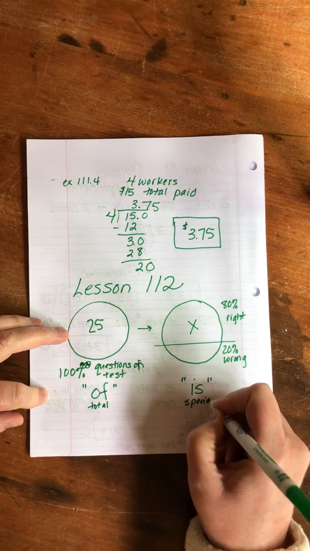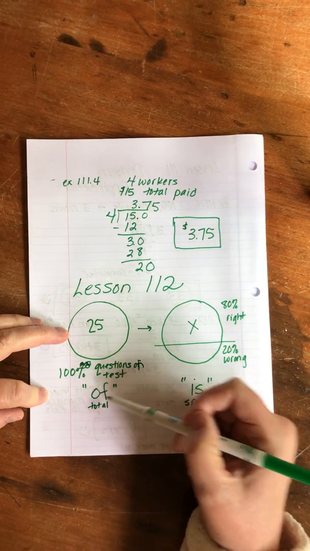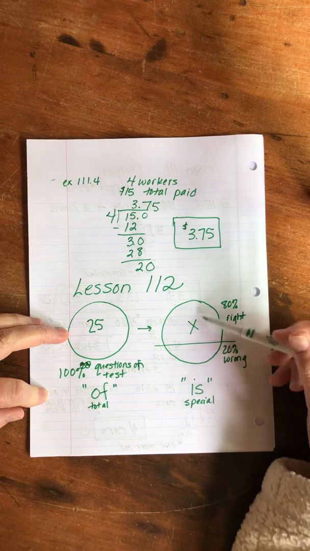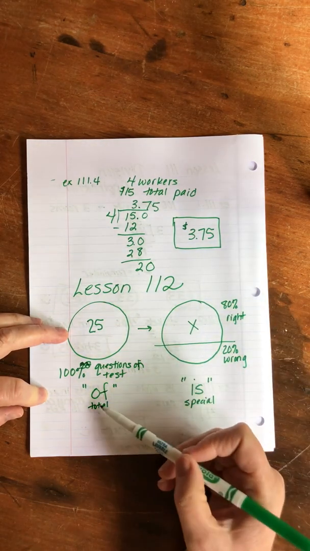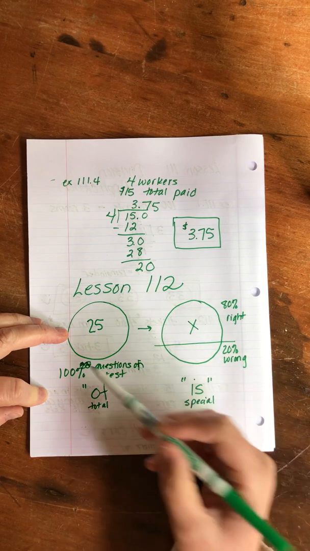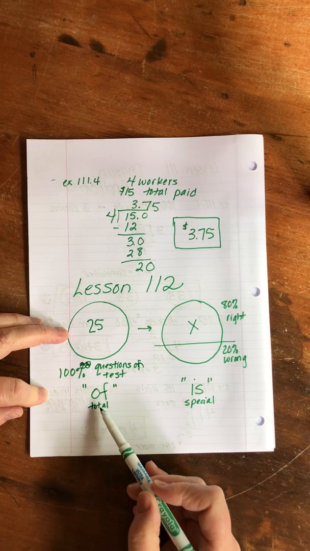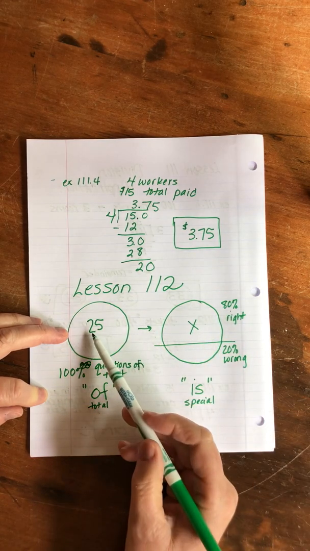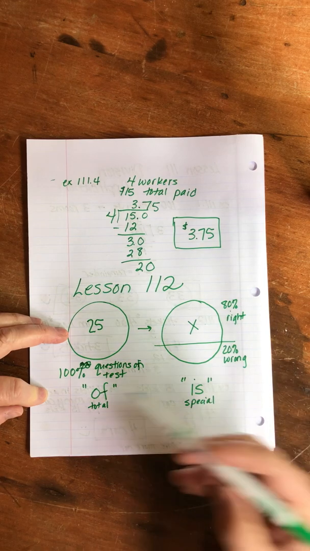It's the special group. When word problems are written out, these words often show up with the corresponding numbers in the sentence. So these words signal to us which number goes where. The of word represents the total. He got 80% of the 25 questions. And is tells us more about the special group.